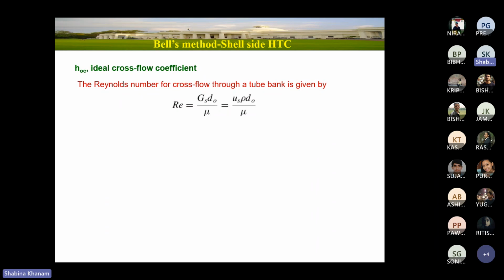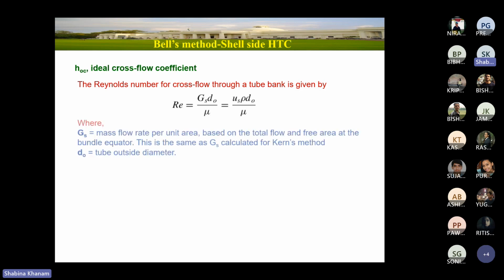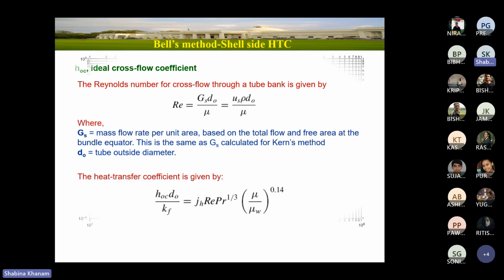That's why we consider DO over here. So the Reynolds number we can calculate, and once we have it, we can calculate the heat transfer coefficient. The Nusselt number is a function of the Reynolds number and Prandtl number. This is the same expression, but here you need to consider DO instead of DE.